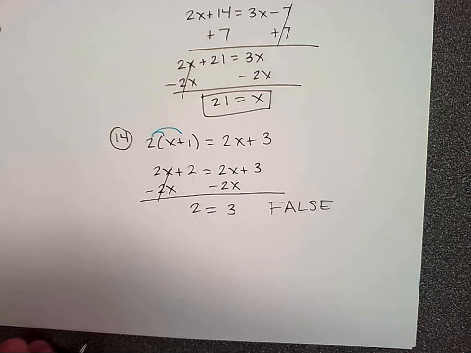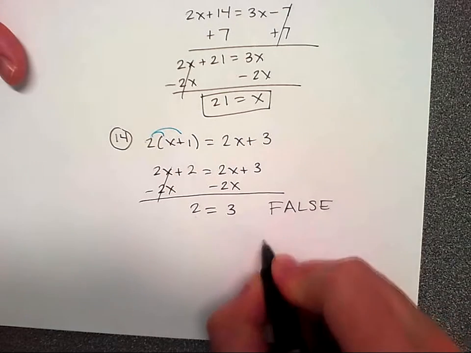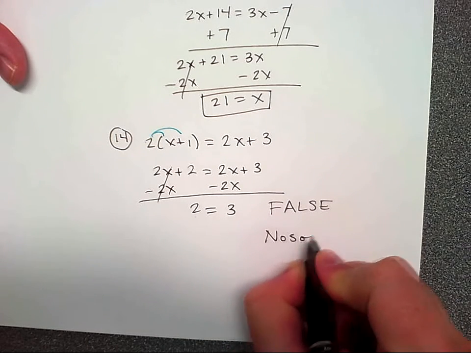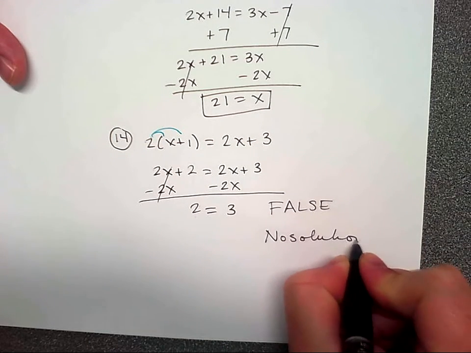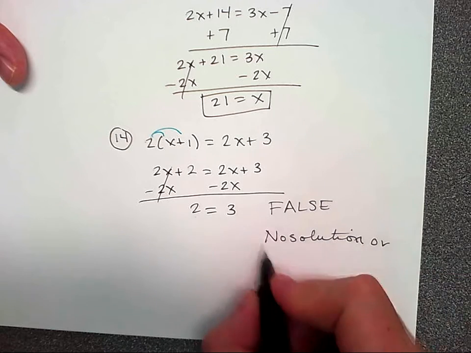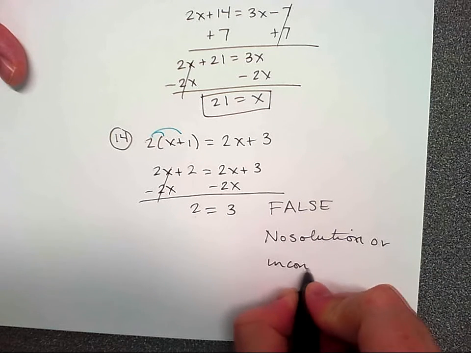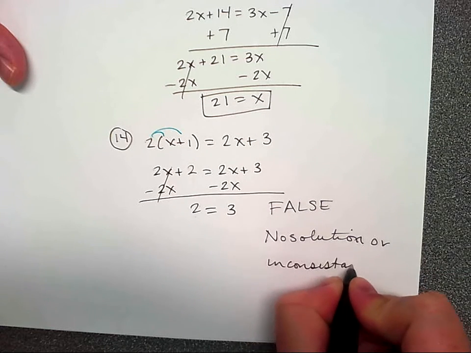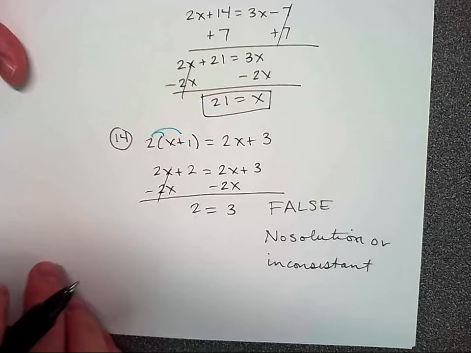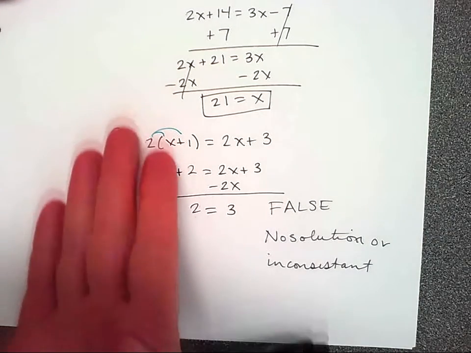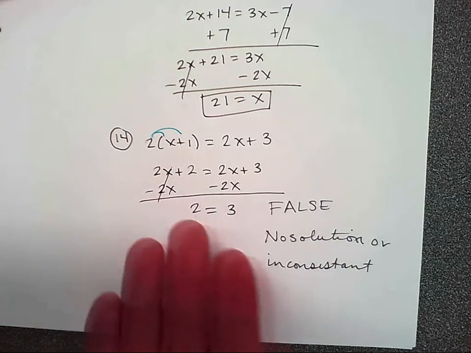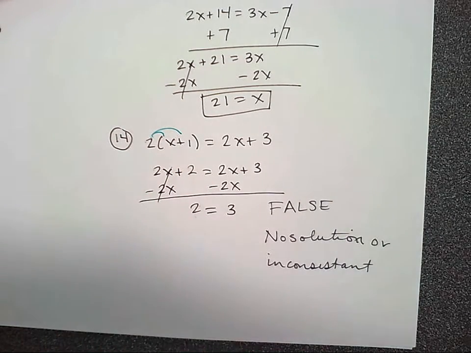So what does that mean? 1 does not equal 3, right? So it's false. So that means no solution, or inconsistent. If you ever get down and you're solving a problem and you get an incorrect statement, that means it's inconsistent.